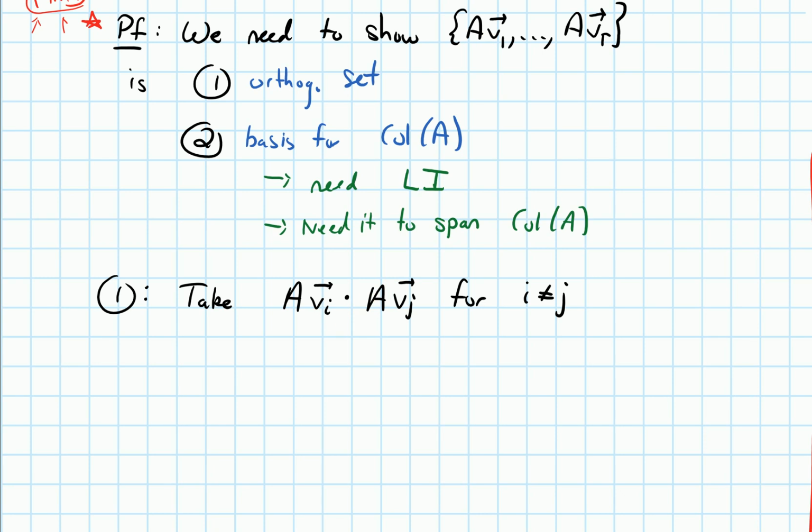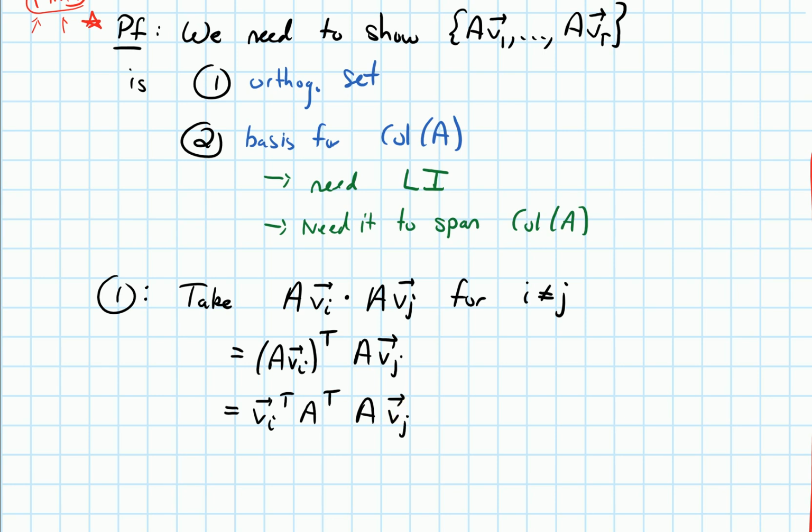Okay, so now let's rewrite this. This becomes A times vi transpose times A times vj. And now I can use a property of the transpose to rewrite these first two terms as vi transpose times A transpose, and then times A times vj.